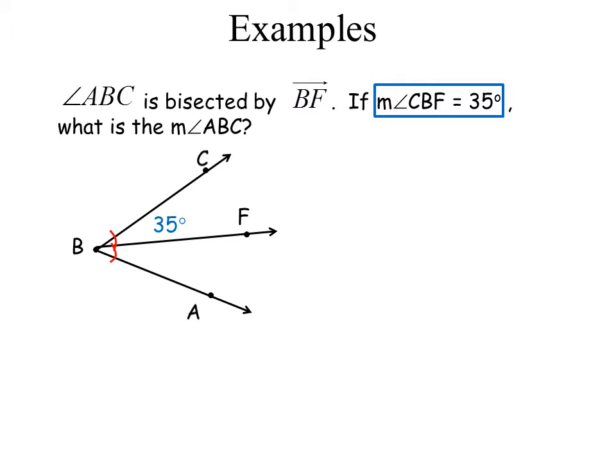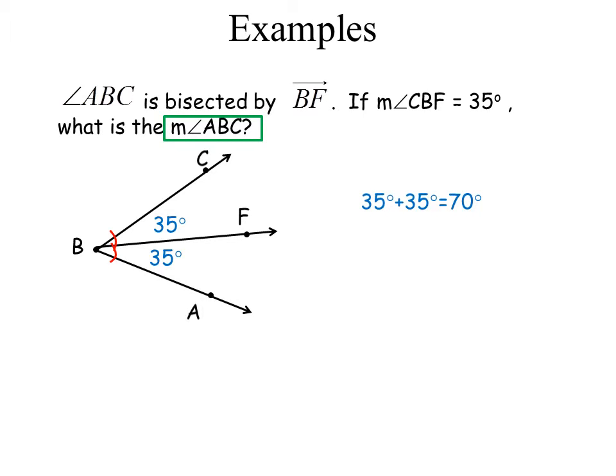Well, once again, because these angles are congruent, I know that if CBF is 35 degrees, FBA must also be 35 degrees. And it asks us what is the measurement of ABC. Well, the whole angle has to equal the sum of the two parts, so 35 plus 35 is 70 degrees. So I know the measurement of ABC has to be 70 degrees.